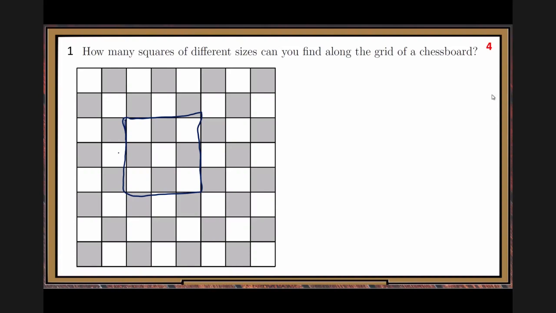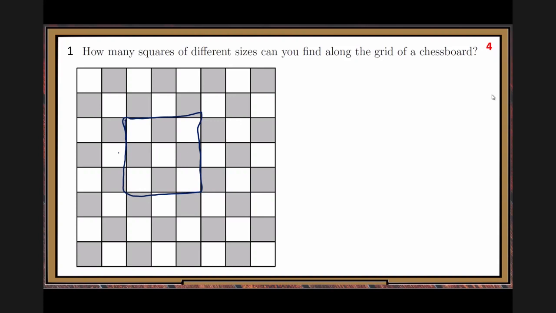Let's think about it. Not too hard, but some basic ideas in problem solving. I think there are 7 different square sizes you can have. If it's a square, it has to be just as long on the top as on the sides.